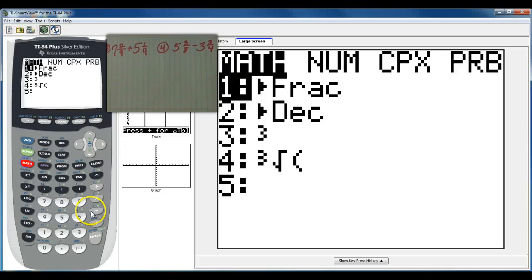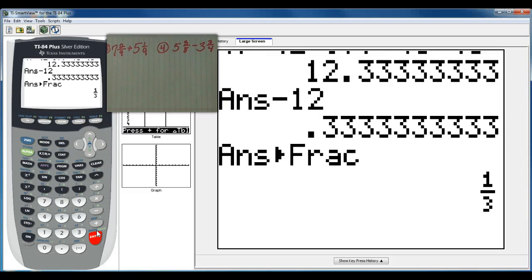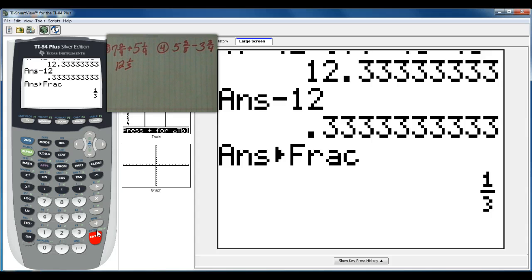Then I hit math, enter. So I get 12 1/3. I just want to show you several ways that you may put it in and you need to be careful. The best way is to turn it into an improper fraction if you don't have the upgrade.